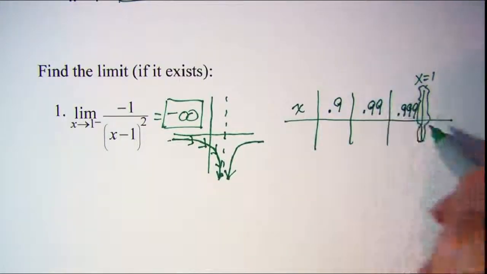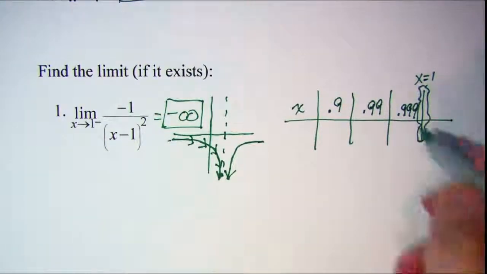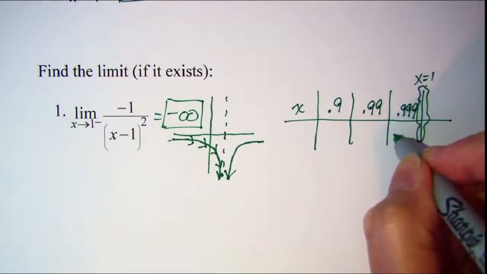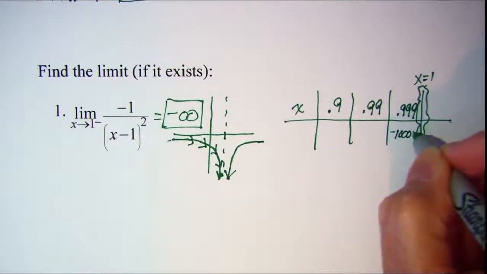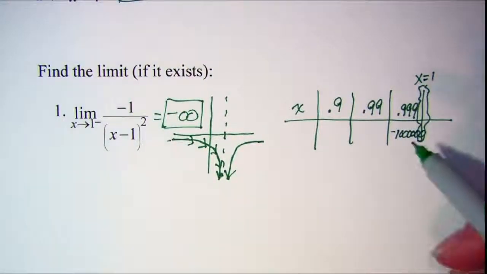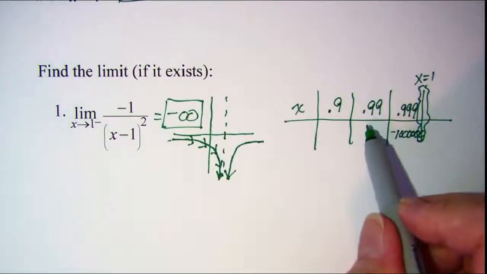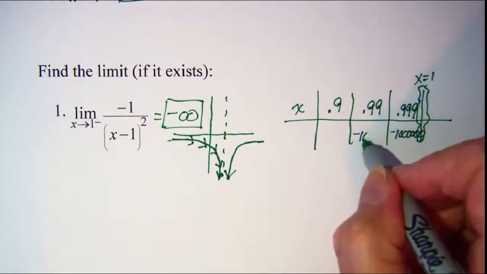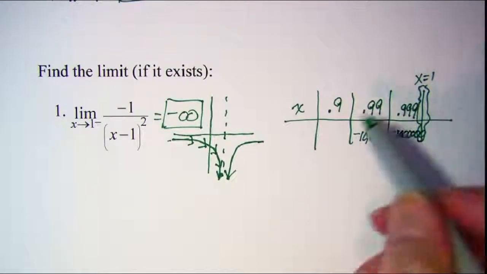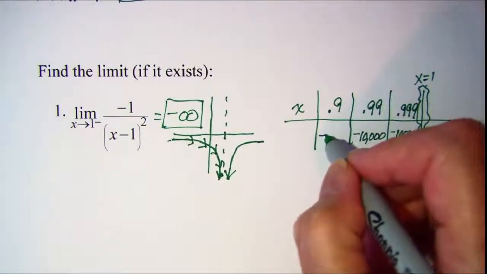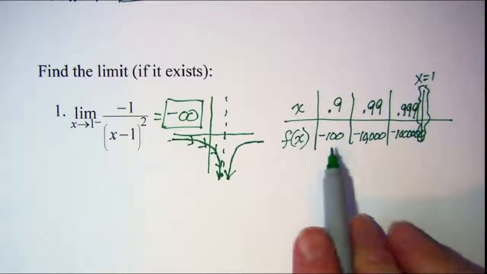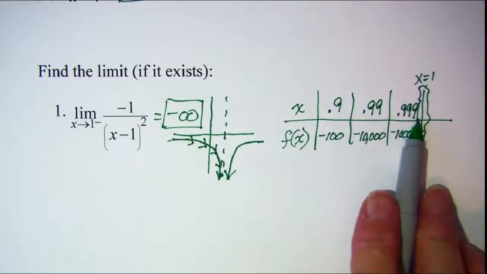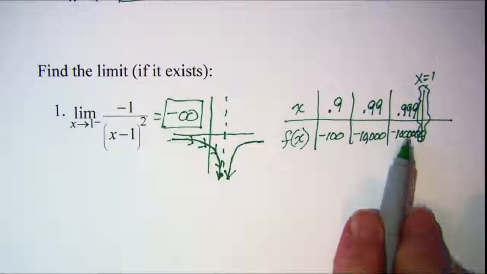And then we want to evaluate that then. For 0.999, we have negative 1 million. For 0.99 we have a negative 10,000, and for 0.9 we have a negative 100. So this is our function. So as we approach x equal 1 from the negative direction, we can see that we're approaching a negative infinity.